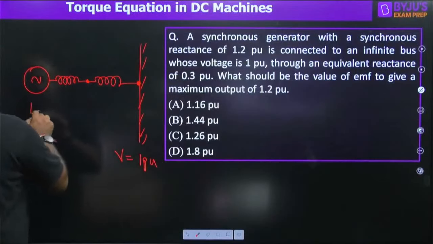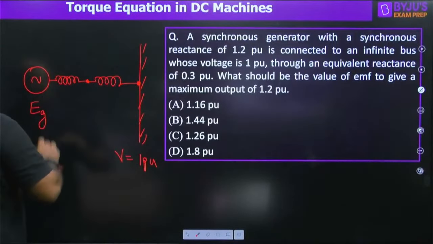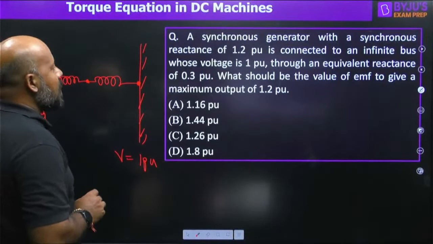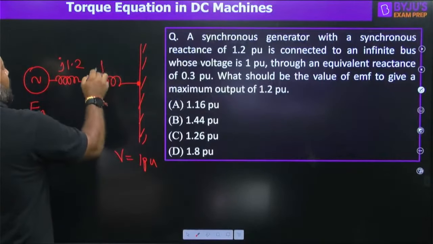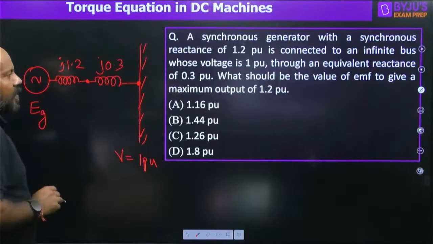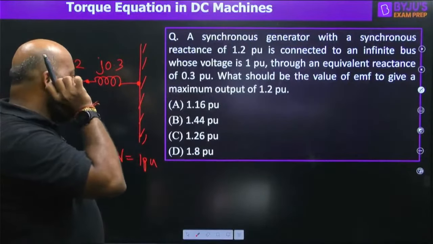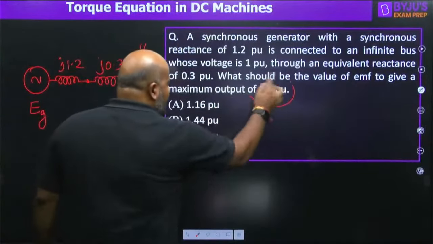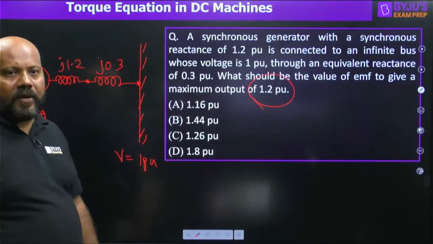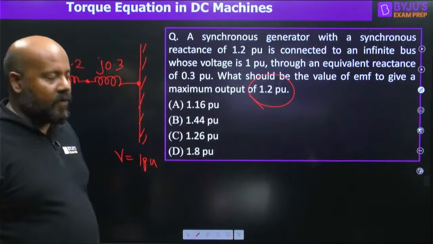The excitation EMF is here. The synchronous reactance is 1.2 and this reactance is 0.3. He is asking what should be the value of the excitation EMF to give a maximum output of 1.2 per unit. What is the meaning of maximum output?